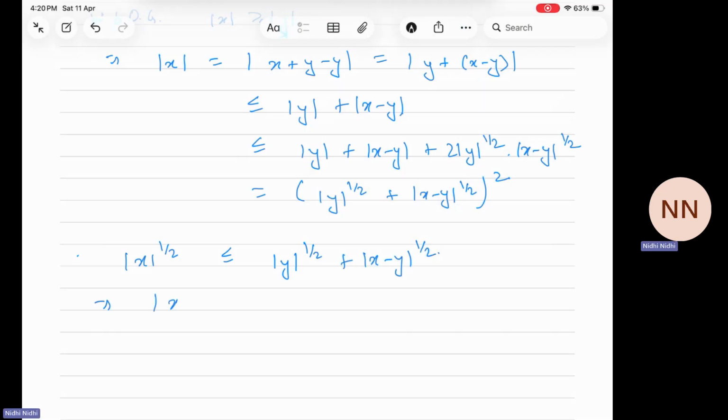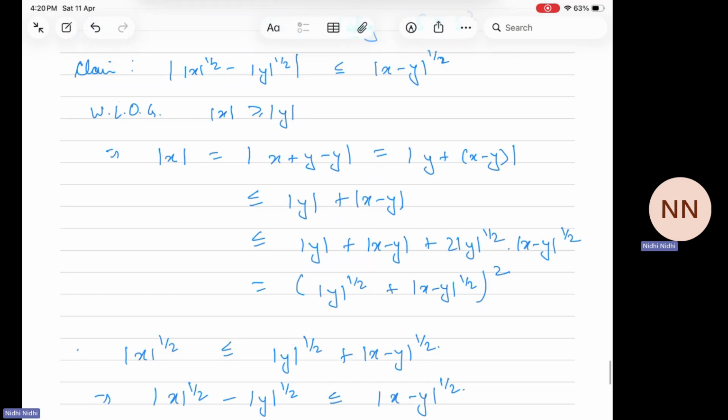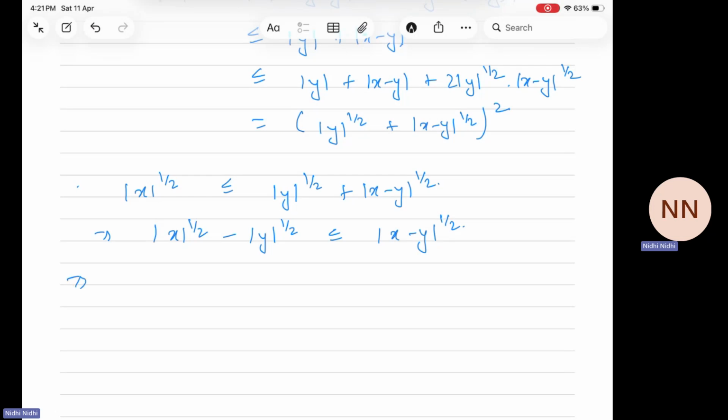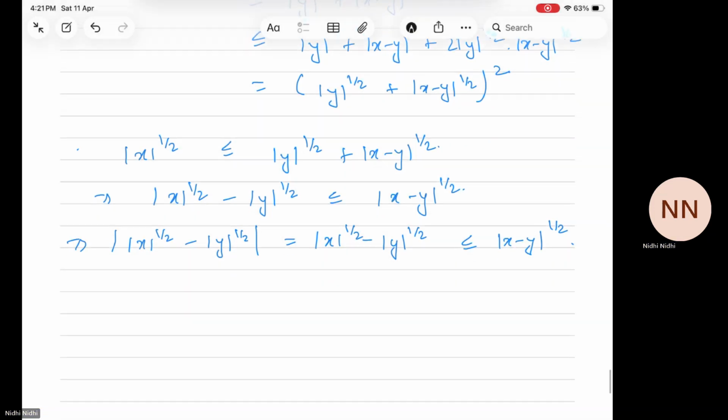That means mod x to the power 1 by 2 minus mod y to the power 1 by 2 is less than or equal to mod x minus y to the power 1 by 2. And since mod x was taken greater than or equal to mod y, taking the modulus on the left hand side is exactly the same.